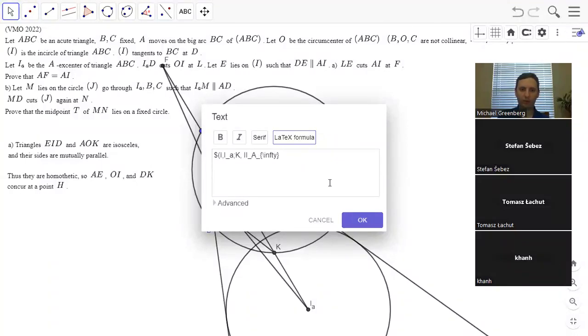That looks a little weird. I'll say (A, I; infinity).